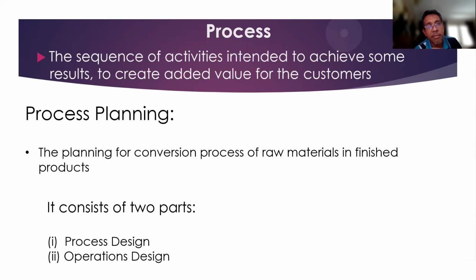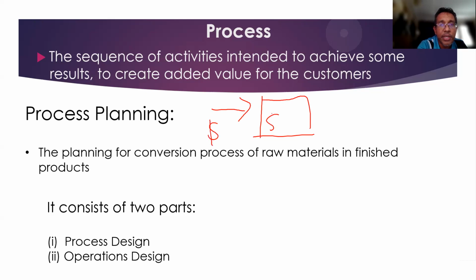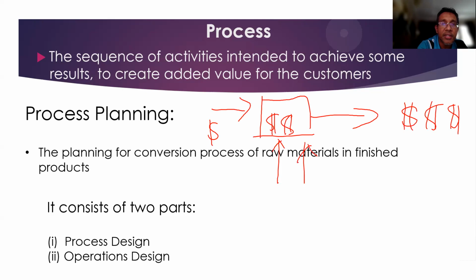So in the manufacturing class previously, we already learned that we have a raw material, we put it in the process, we add value in the process, and then we deliver the product to the customer.